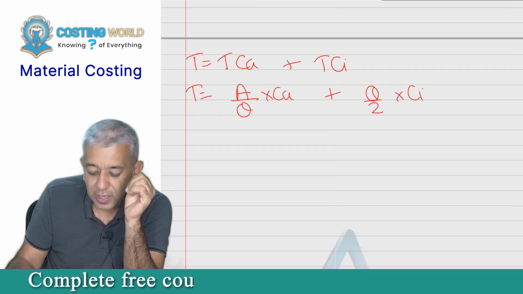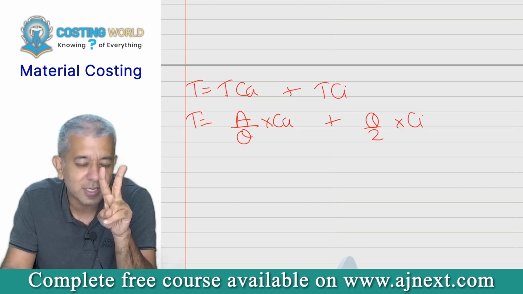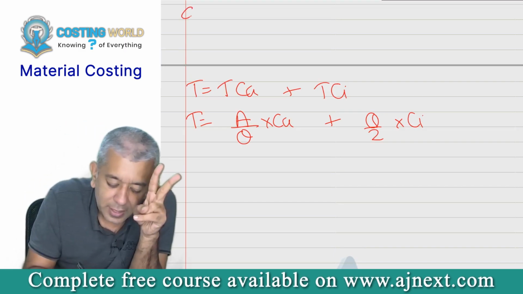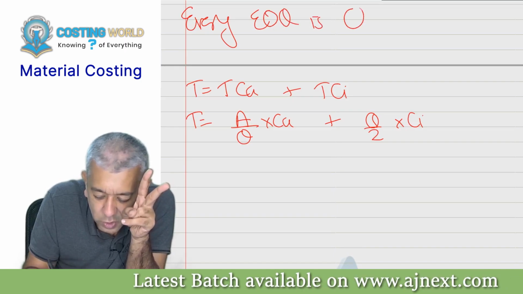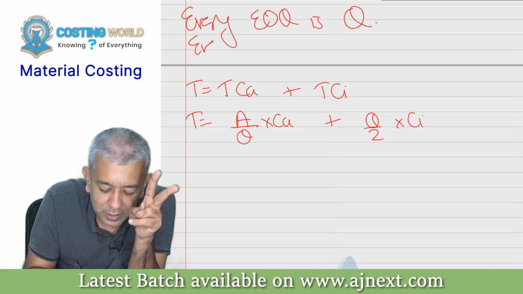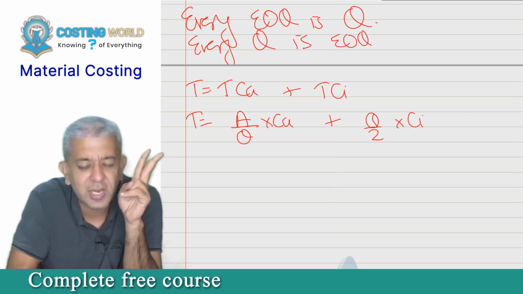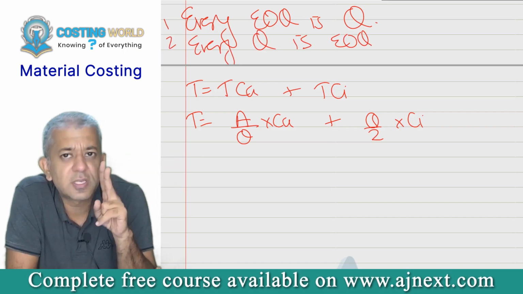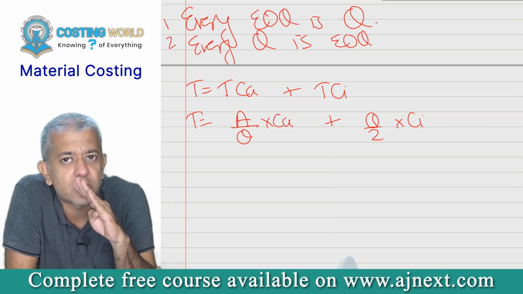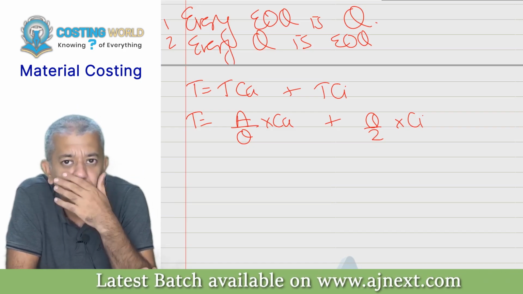Okay, so if you all understand, then tell me this. One of these two sentences is right, one is wrong. The first: every EOQ is Q. The second: every Q is EOQ. Which line is correct, first or second? First is correct, no? Every EOQ is Q. Beta, every Q cannot be EOQ because there is only one EOQ, no?